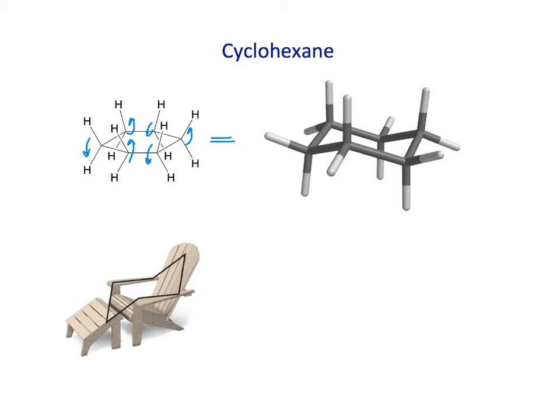And what we get from that is a ring structure that looks something like this. So notice that this carbon here is rotated down, and this carbon right here is pointing down. And then it went up, down, up, down, up. All right, so this type of structure is called a chair conformation.